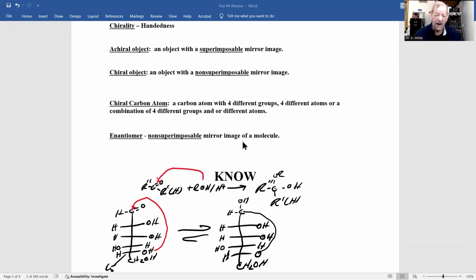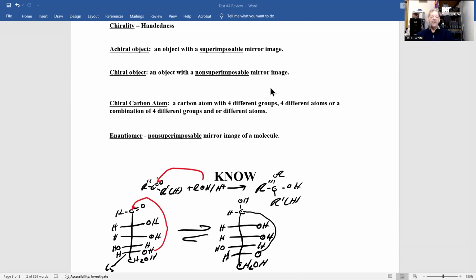And we talked about this in the video, how to find it. If a carbon has two or more of the same group, or if it's in a double bond with carbon or oxygen or anything else, nitrogen, or a triple bond, it can't be chiral. So if it has two or more of the same group, or if it's in a double or triple bond, that carbon cannot be a chiral carbon.